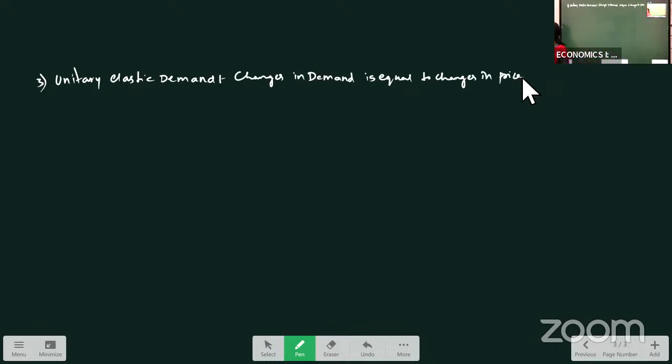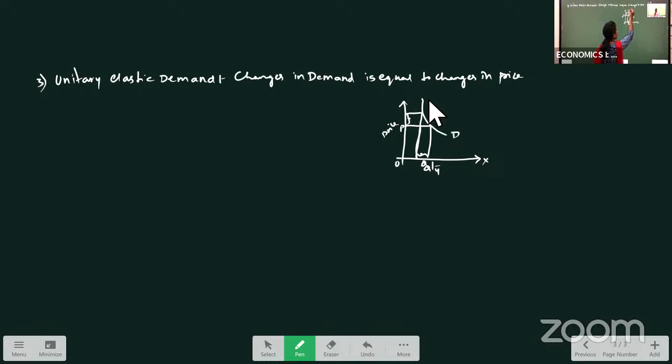Means demand changes are equal to the changes in price of the commodity. Just see the graph, how much change in price is there, the same change in demand will be there. Here OP is the price and OQ is the quantity demanded. If price increases, demand decreases, so my change in price is equal to change in demand. We get a demand curve like this.